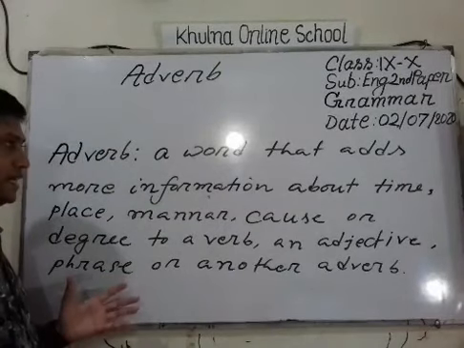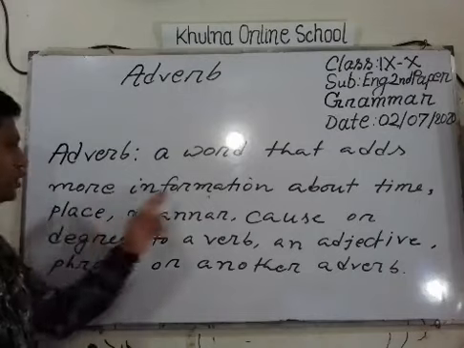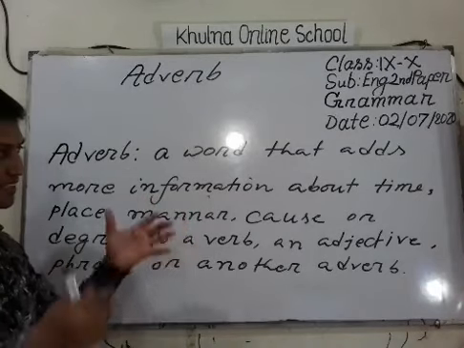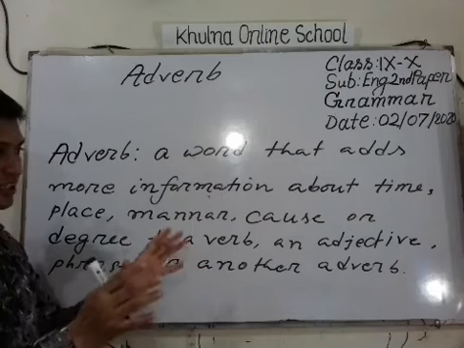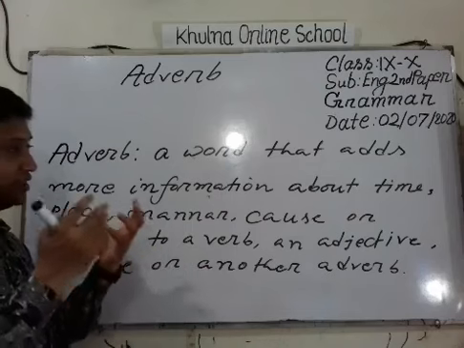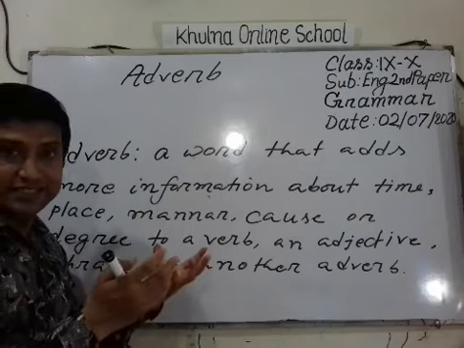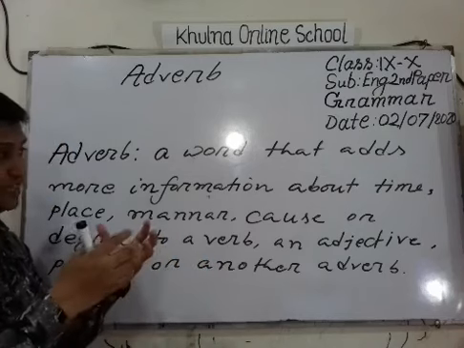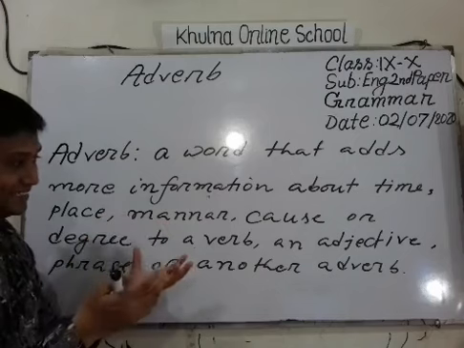Okay, read again. An adverb is a word that adds more information to clarify, to adjust the meaning. Actually, nouns and verbs can't make clear all the shades of sense of a sentence.